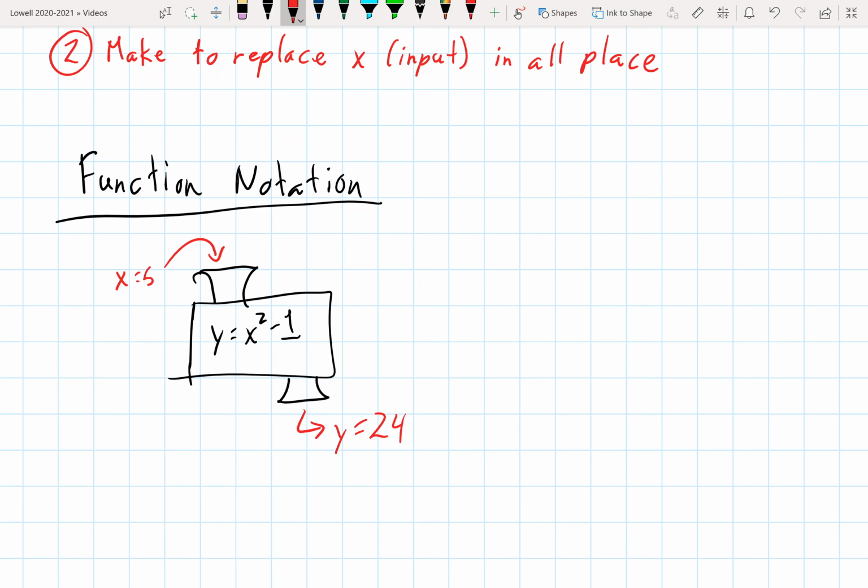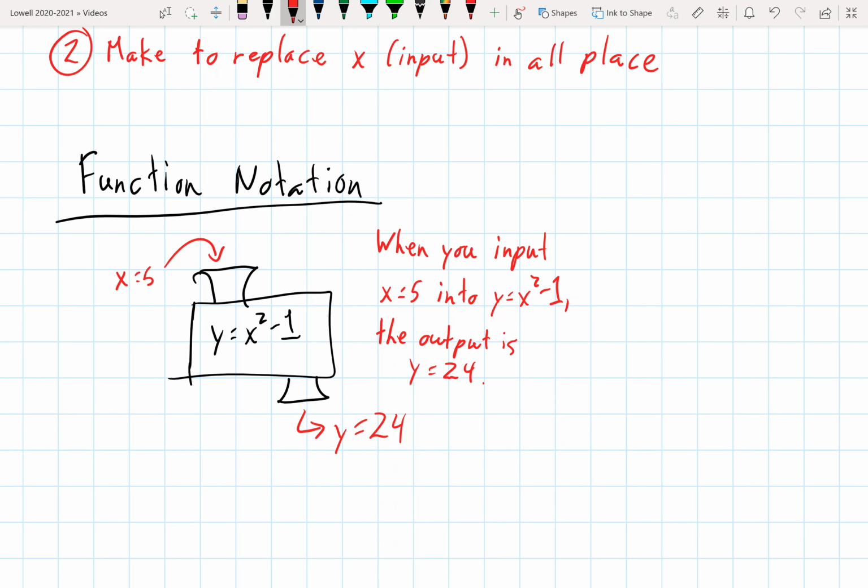Okay, so in English, what we could say is, when you input x equals 5 into y equals x squared minus 1, the output is y equals 24. Okay, that's kind of a long sentence.